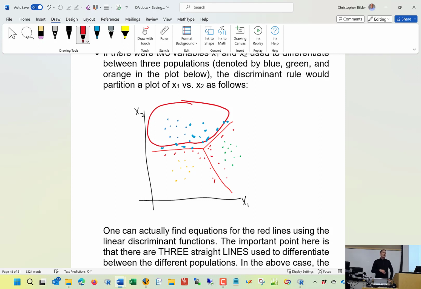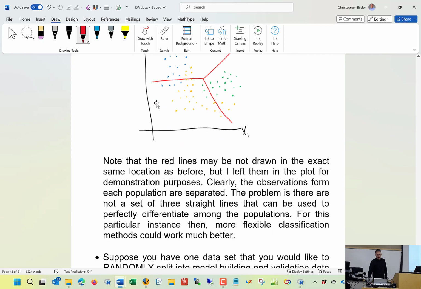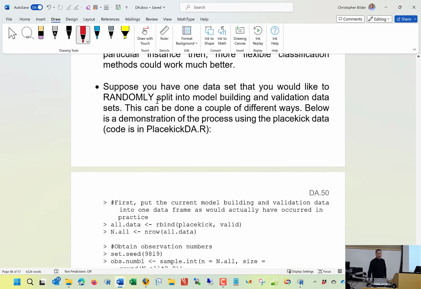That flexibility, because the observations are close, might cause some misclassifications, mispredictions, where a linear discriminant analysis will be able to still do it very, very well. So no method is always best. That's why there's multiple methods out there.